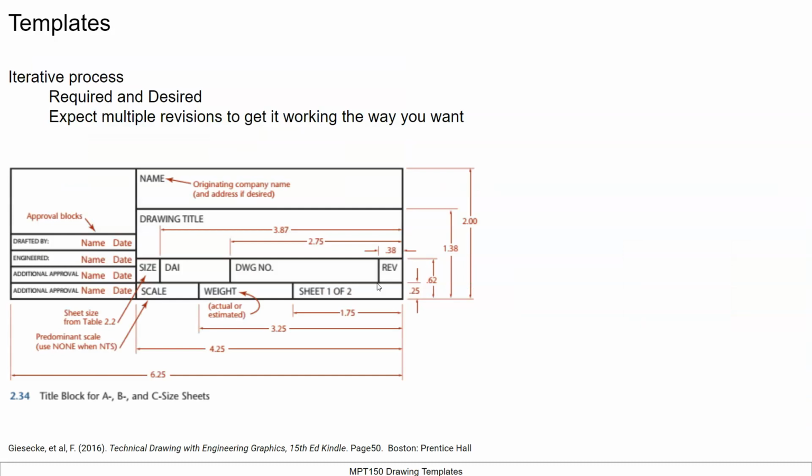Alright, so templates are an iterative process. You have the required and the desired, and you can expect multiple revisions to get it working the way you want. So you start off with a direction, you implement it, you put it out to the company, or you use it individually for a couple of weeks.